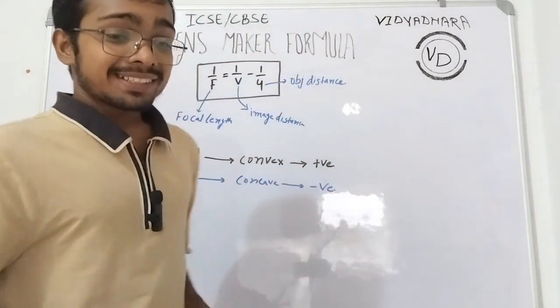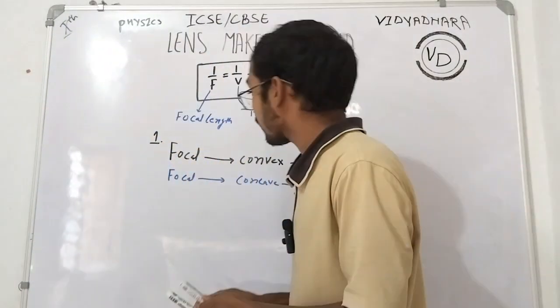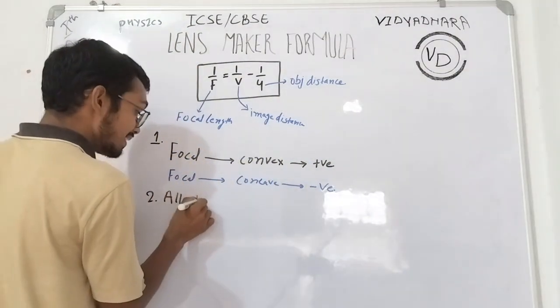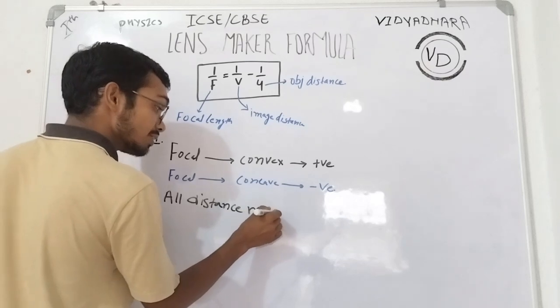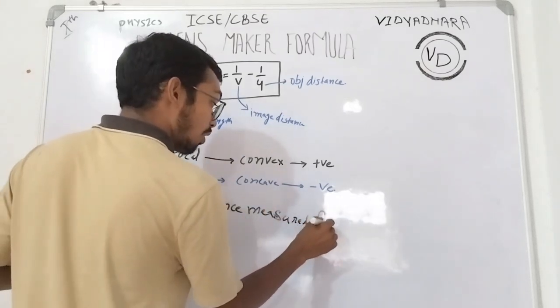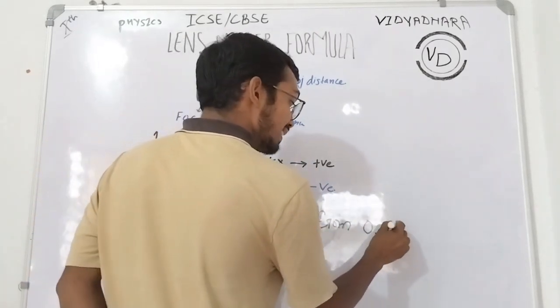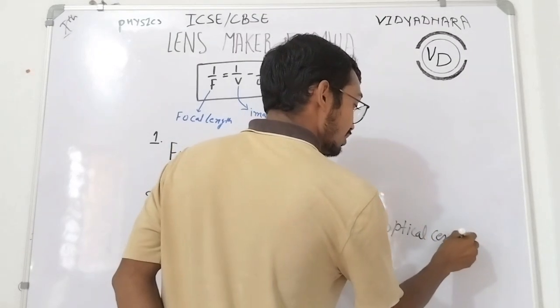Okay. Second rule is that all distances are measured from O. What is O? Optical center.